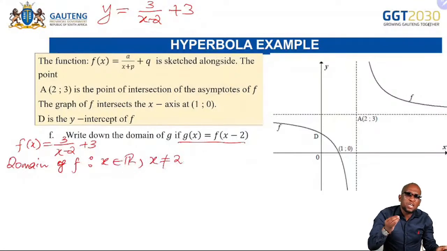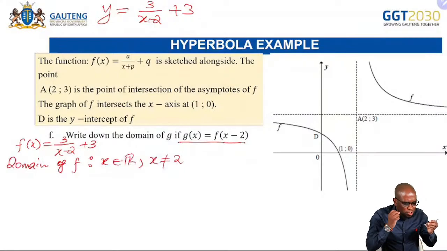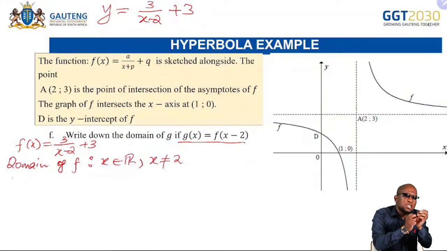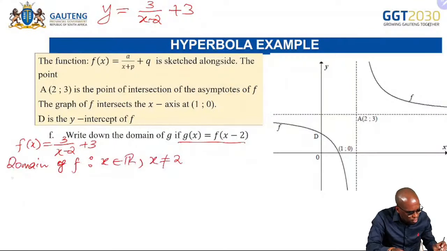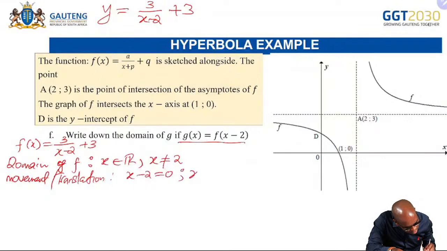Now, we are going to check what the transformation was from f to g. The transformation was that we now have g given as f of x minus 2, which means we are moving the graph of f by 2 units horizontally. The translation here is x minus 2 equals 0, which means that x equals 2. So all the points are moved.